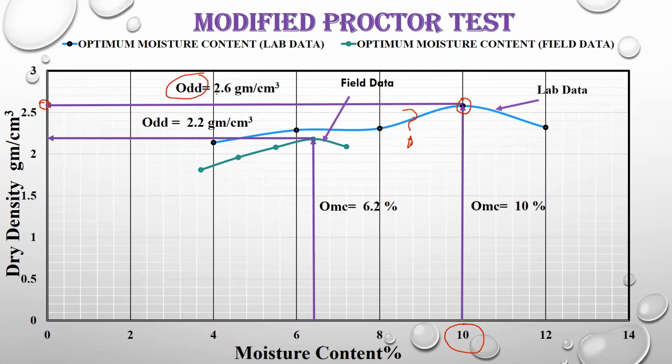So the optimum dry density is coming out to be 2.6 gram per centimeter cube, and the optimum moisture content is coming out to be 10%. So we will take this 10% and add 10% water for the CBR test.